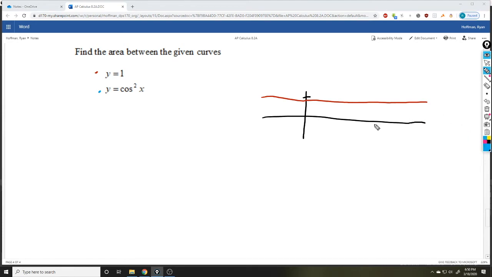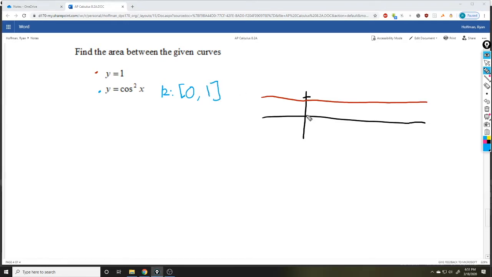Well, cosine squared, we know that the range of the cosine graph is between -1 and +1. Okay? Doesn't dip below -1, doesn't dip above +1. If I square that, then we know that the range of this is going to be between 0 and 1. Okay? If I have my range limited from -1 to 1 and I square that, then I'm not going to go above 1.